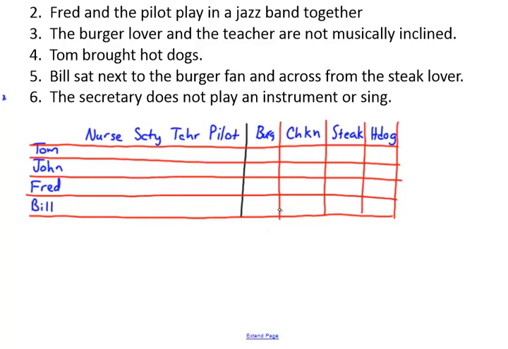Okay, so we got a matrix going horizontal, but we're also going to have it go vertical as well, because Tom may have brought a burger, but maybe the nurse brought a burger. So we're going to put the nurse down here, and the secretary, oops, we're going to put the food down here, my fault. We're going to put the burgers here, the chicken, the steak, and the hot dogs.